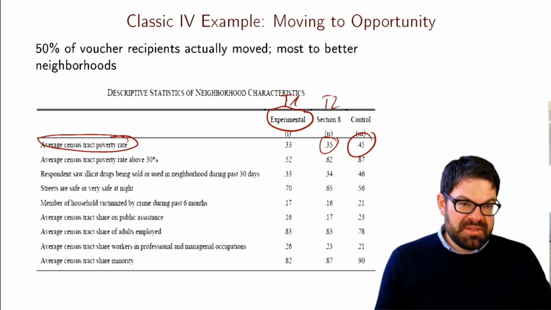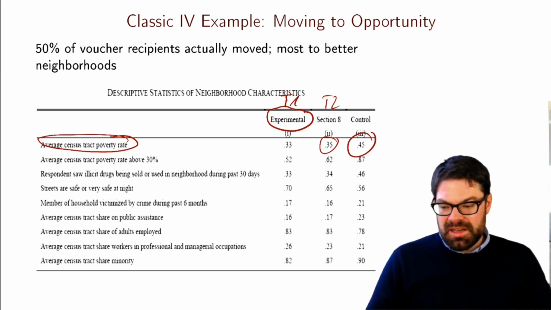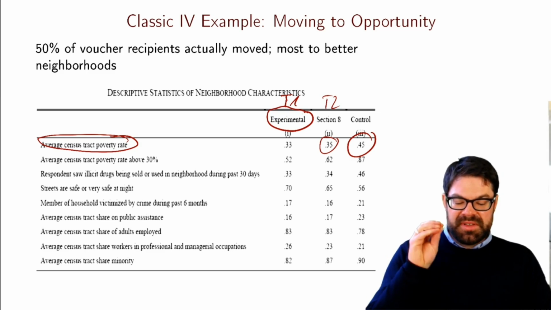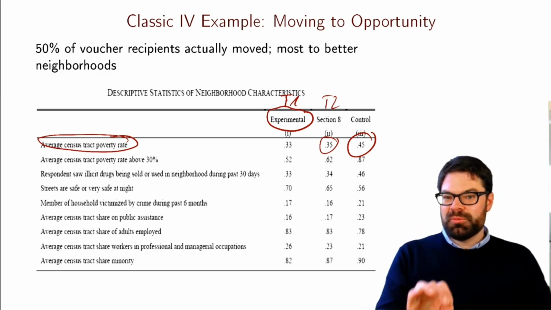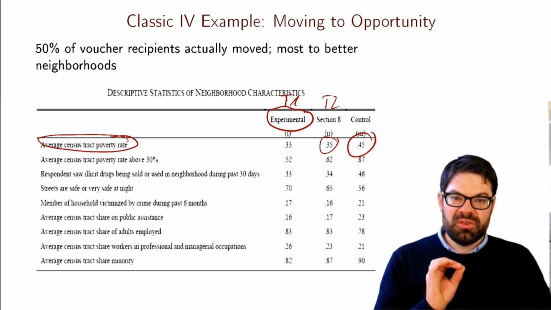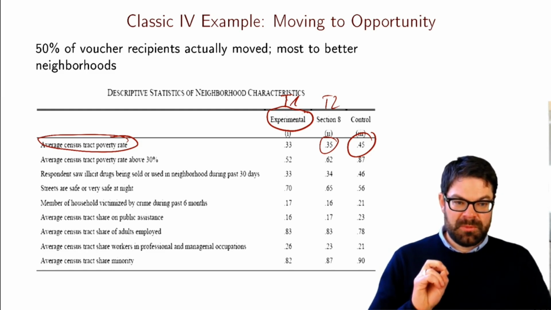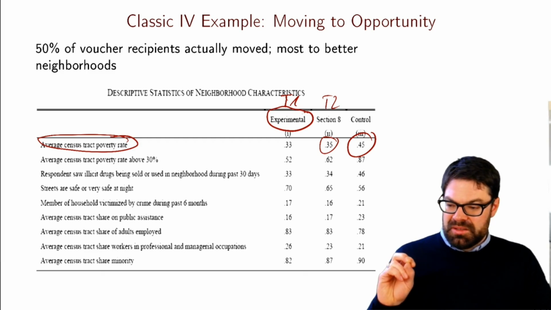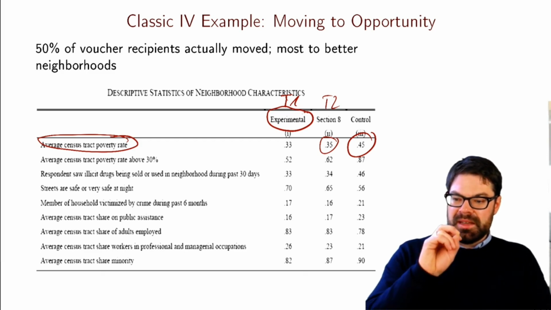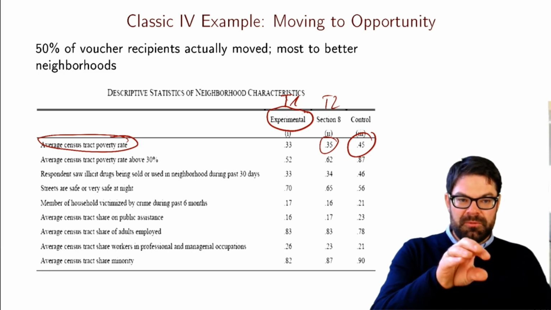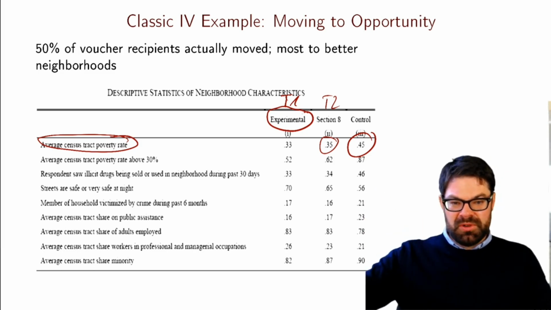And now we want to see, well, did this actually then have an effect on the outcomes? And here, let me pause for a second and let's think about what would be the relevant policy questions here. I can think of at least two. One is to say, what is the average effect if I take a random person from a poor neighborhood and move them to a rich neighborhood?